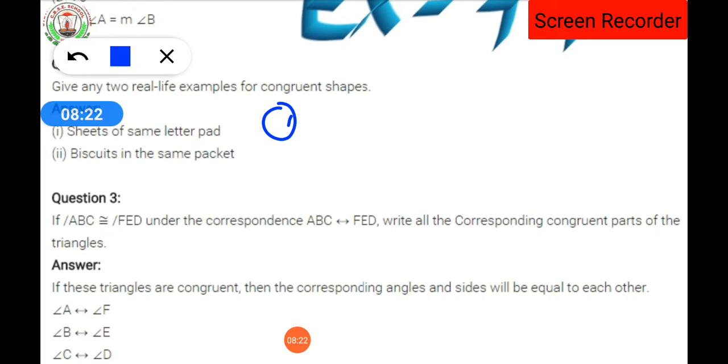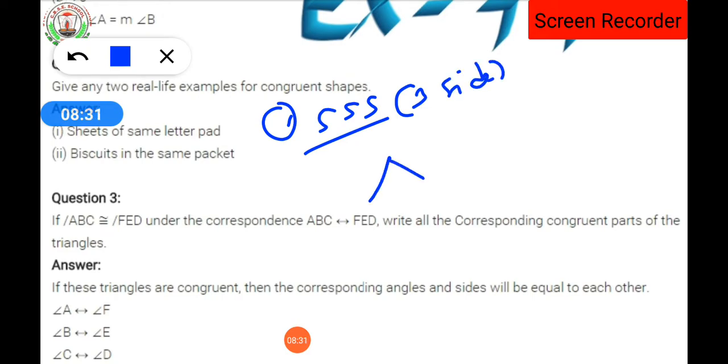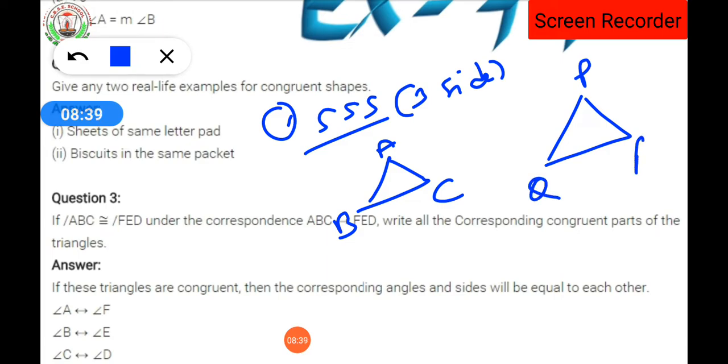So first criteria is SSS congruence criteria. As I told you here, how many sides are there? 3 sides are there. So if the triangle we are having is ABC and the triangle PQR, then what is SSS congruence criteria?